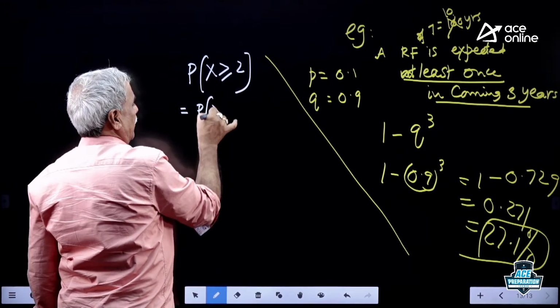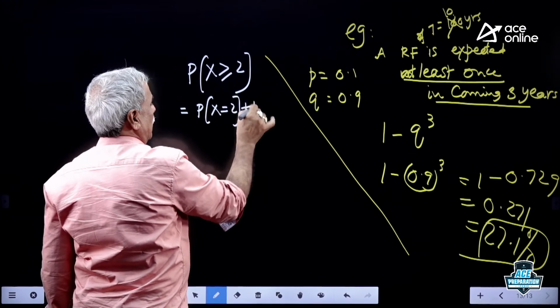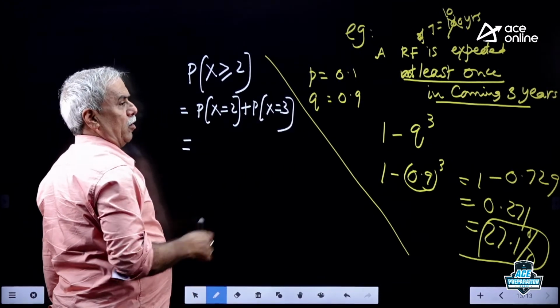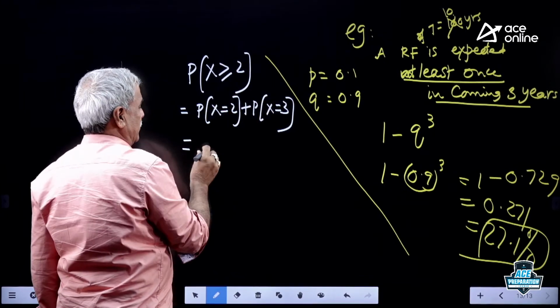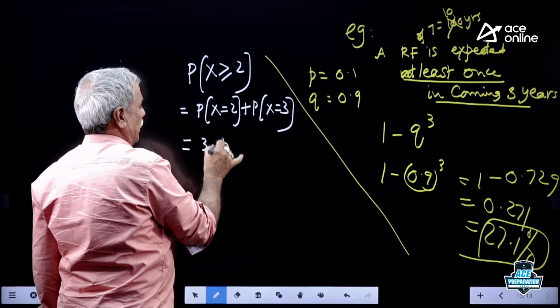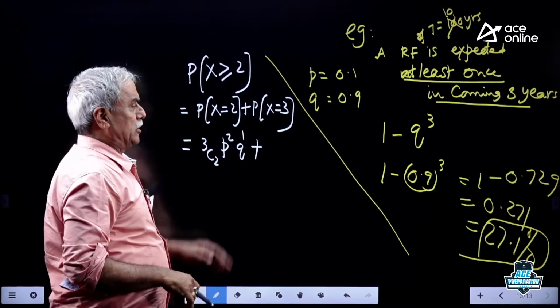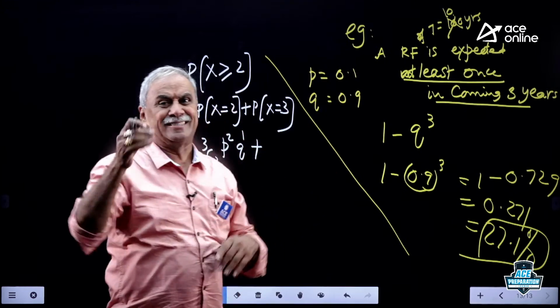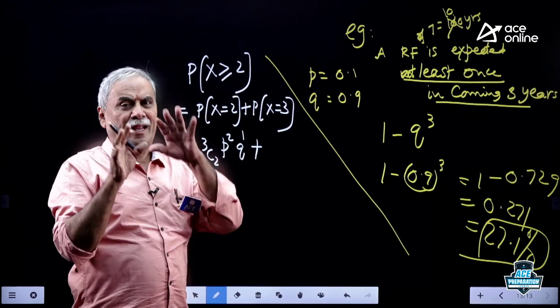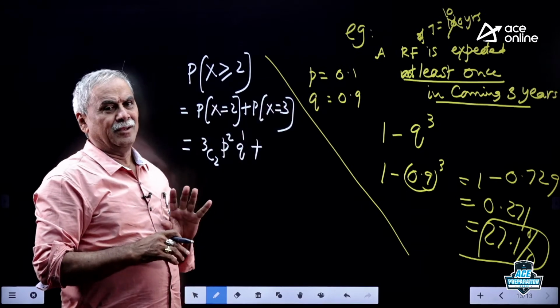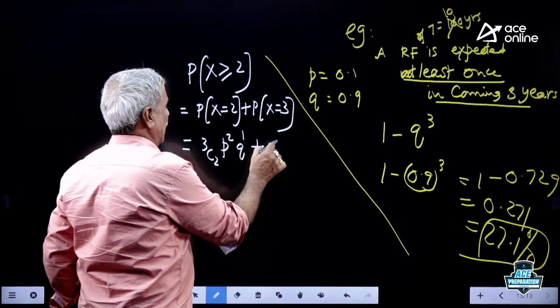That is probability of 2 times plus probability of 3 times. Out of the coming 3 years, 2 times: 3C2, P power 2, Q power 1. And all the 3 years: at least 2 times in the coming 3 years includes every year being a success, simply P power 3.